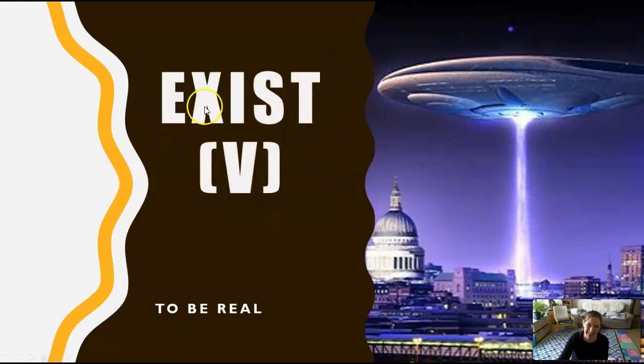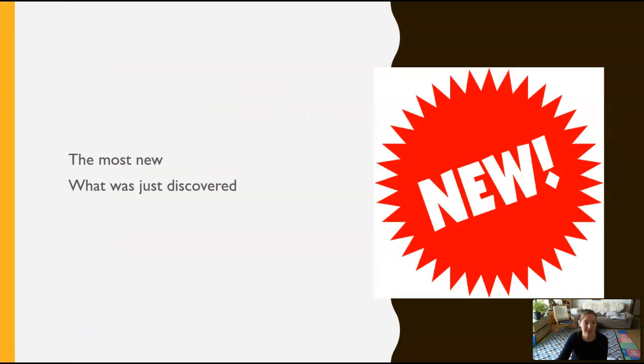Exist. It sounds kind of like exit. Exist. So in exit, the E is powerful, but in exist, this part is powerful. Exist. Do aliens exist? I don't think aliens exist. Okay. The most new, what was just discovered: the latest discovery, the latest technology.